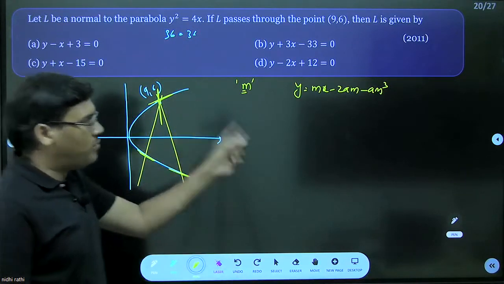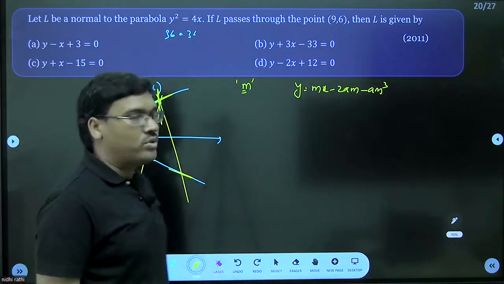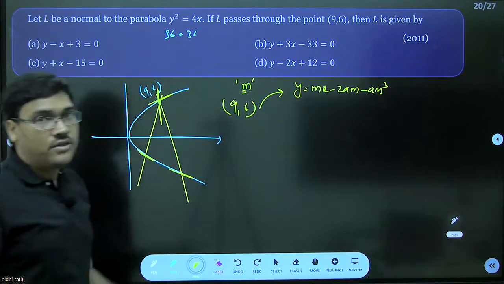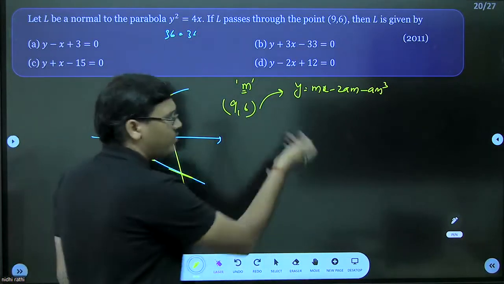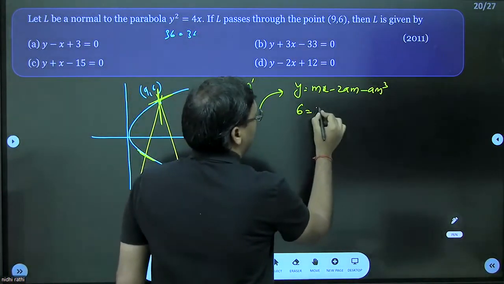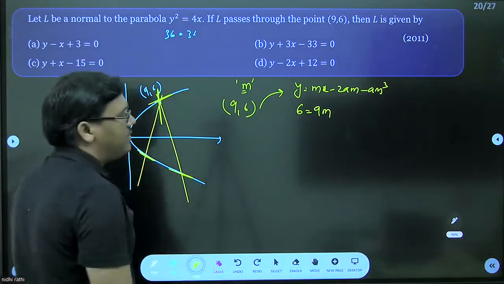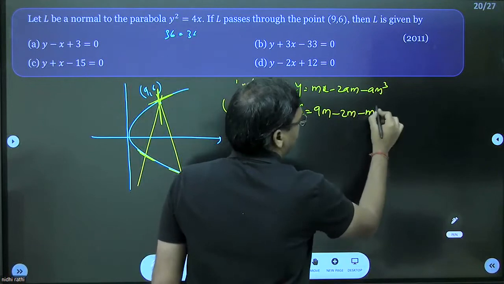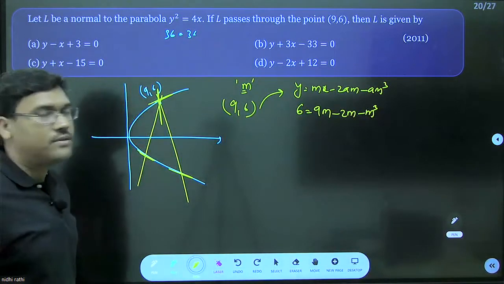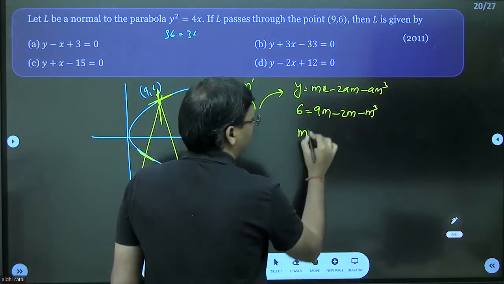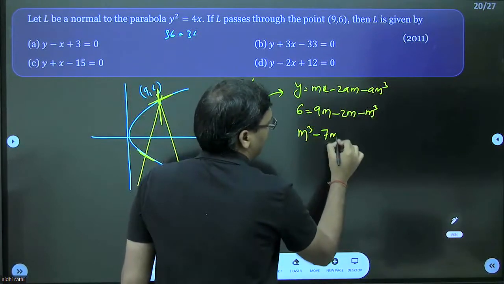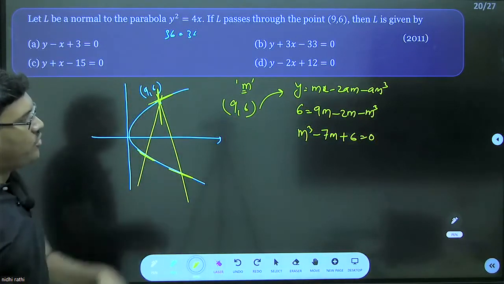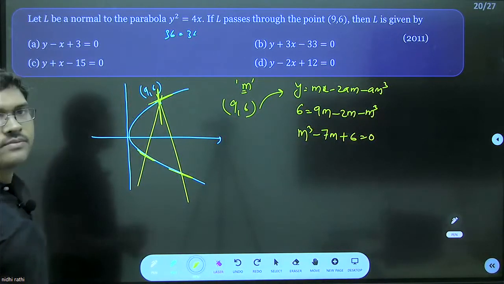And now we want that normal should pass through which point? 9, 6. So 9, 6 will satisfy this normal equation, because the normal should pass through 9, 6. Put 6 equals 9m, correct, minus, a's value is 1, so this is minus 2m minus m cube. I hope this is clear. So what is this? This is m cube minus 7m plus 6 is equal to 0, right?